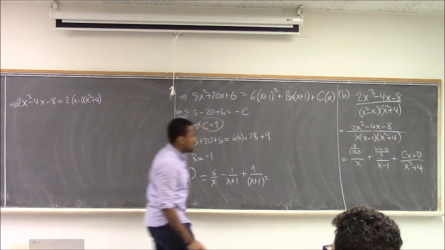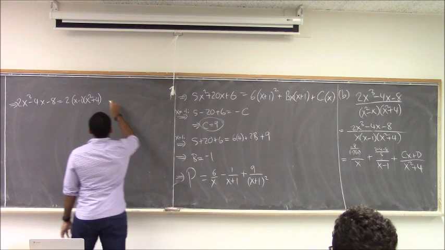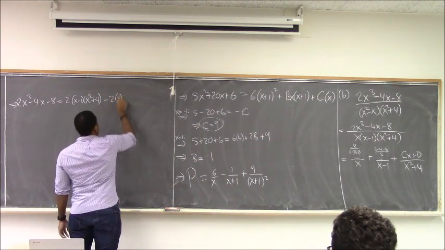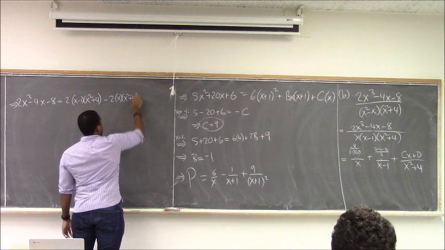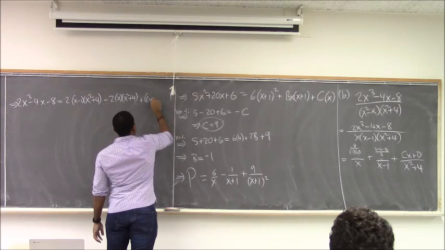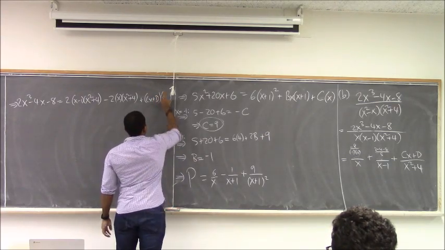Then this one is going to be what? Minus 2. And the x minus 1s are going to cancel, so that's x times x squared plus 4. Then I'm going to have plus cx plus d times x times x minus 1.